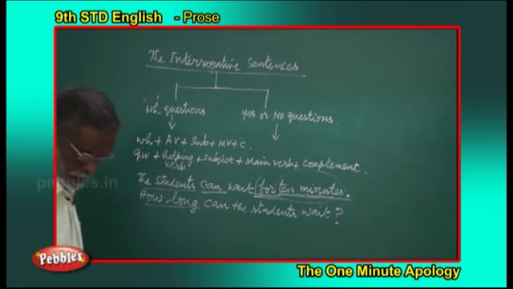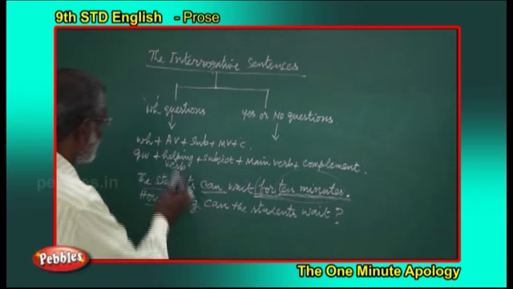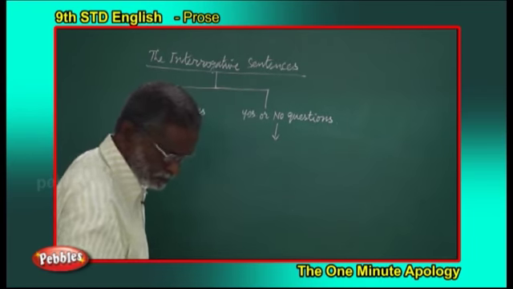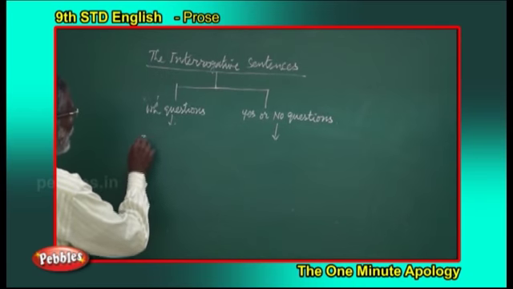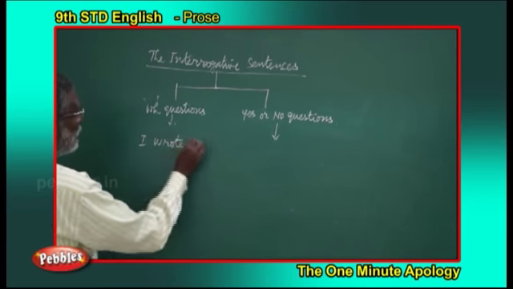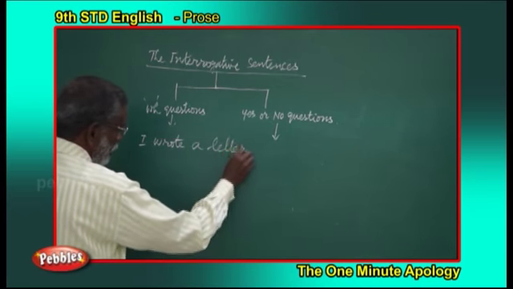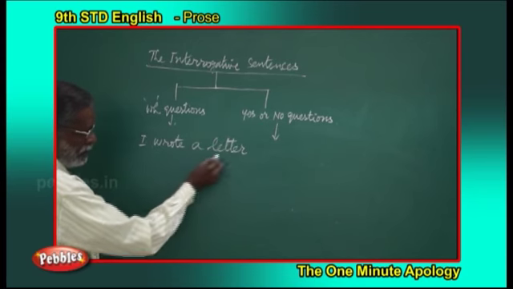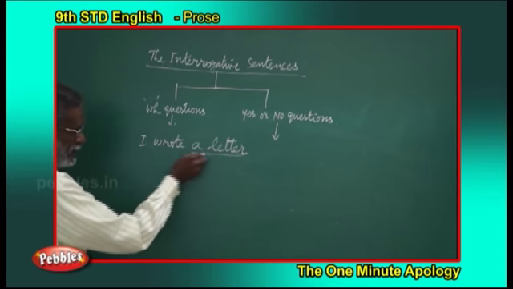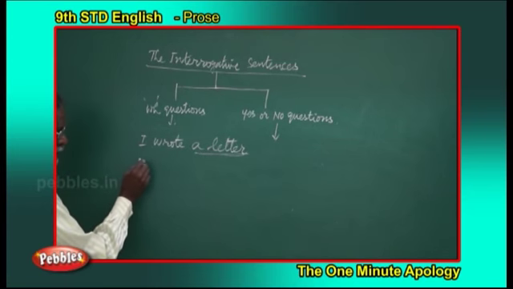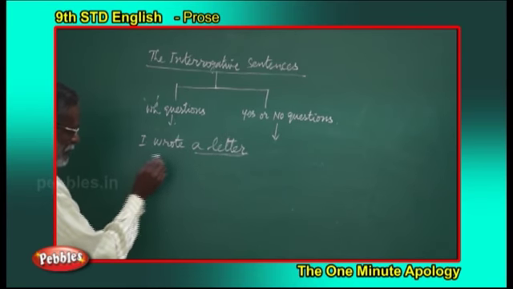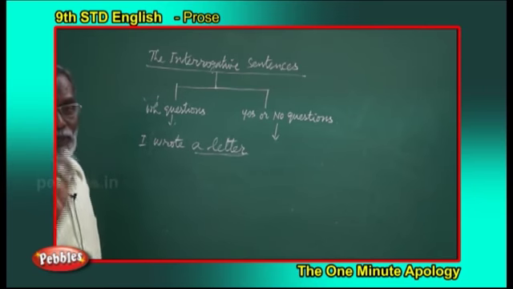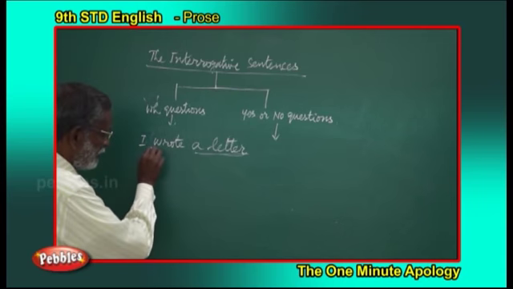Now let us go for another example. I wrote a letter. What did I write? A letter. So the stress is on this, so I have to ask a question for this. And in this sentence, there is no helping verb. There is only the main verb.